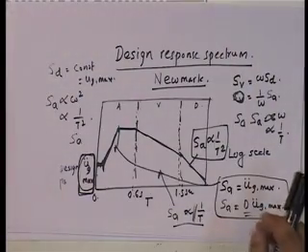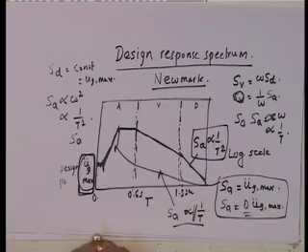So, you see how step by step, by using the characteristics of the response spectrum, you can go step by step from a time history. Now, it is very difficult.